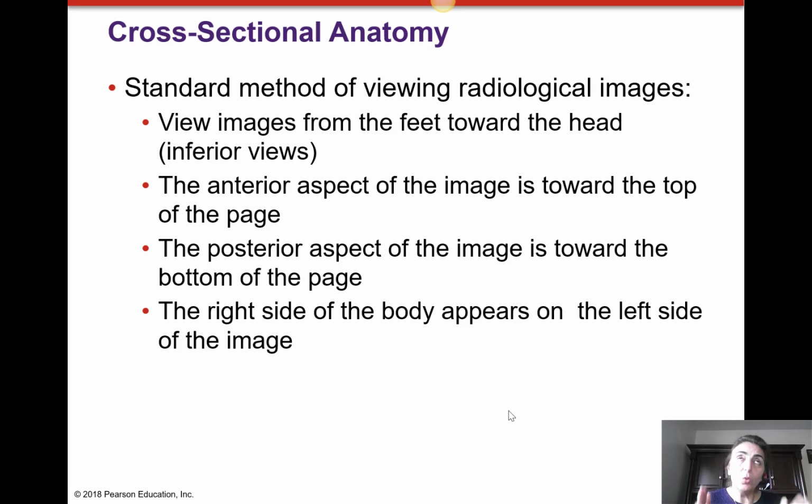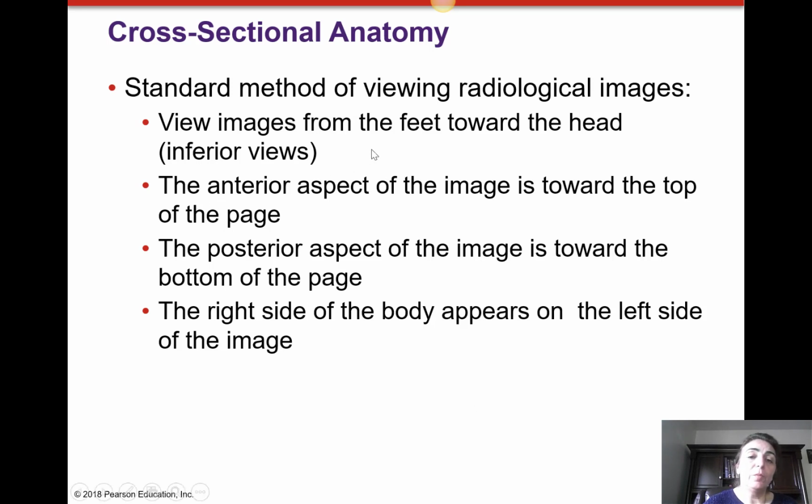Or are you looking at the upper part that is left on the upper, right? What do you think? We have a standard method so that everybody is using the same technique when looking at those images.